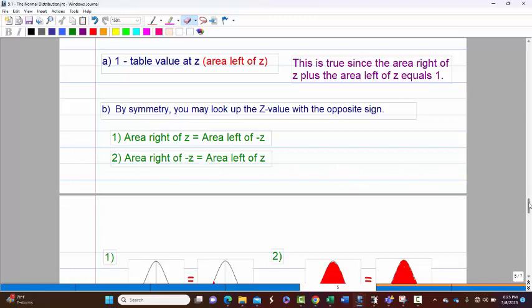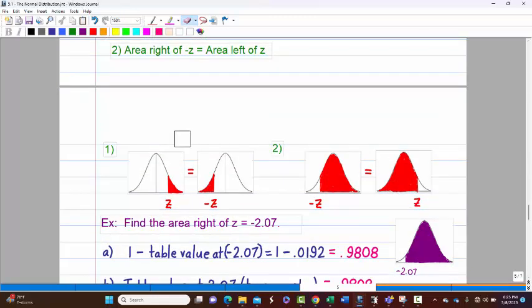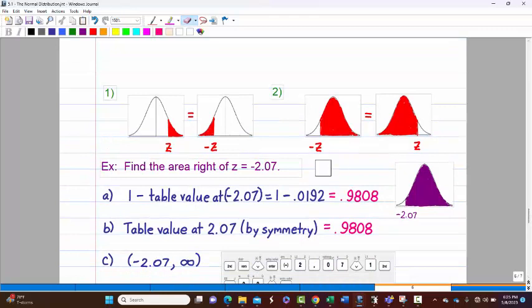Because the graph is perfectly symmetrical, the area to the right of a positive z is exactly the same as the area to the left of a negative z. So if the z is positive, you look up the negative number, and that would be the answer, either way. Once again, the area to the right of a negative z is the same as the area less than a positive z.